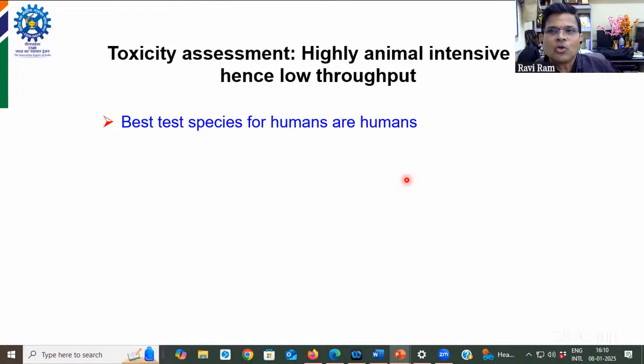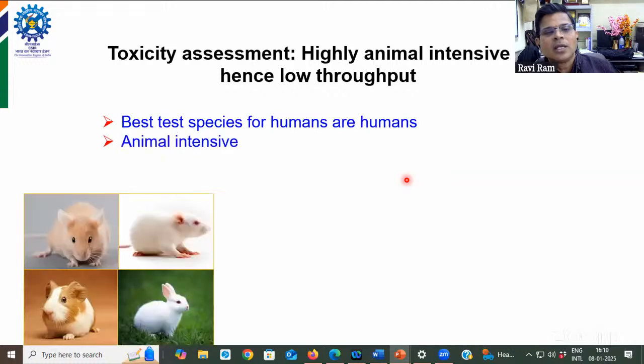Even though human is a very good test species, you cannot utilize human as an experimental organism for these kinds of studies because there are ethical issues associated with it. So you cannot use it for toxicity assessment here. So very much these animals are utilized for doing this reproductive toxicity.